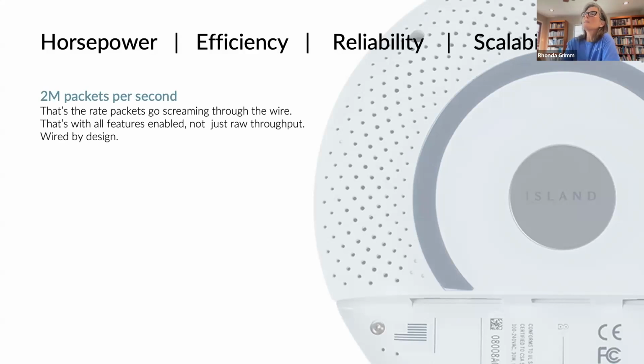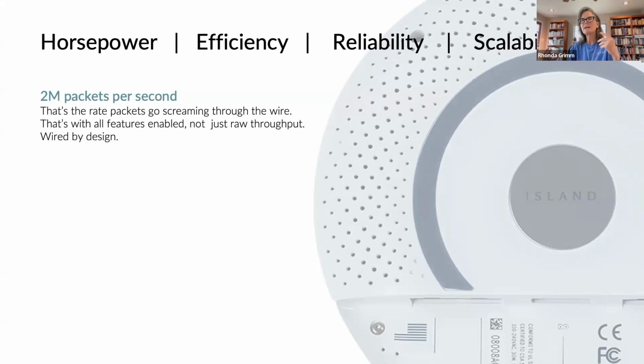And then we spent the last 20 years in the carrier space. And let me tell you, carriers are unforgiving. You have to be fast, you have to be efficient. You cannot take down the network for any reason to upgrade or anything like that. So very, very stringent demands. So back in 2019, we started thinking, man, it'd be great to have a router for all of us to use in our homes.